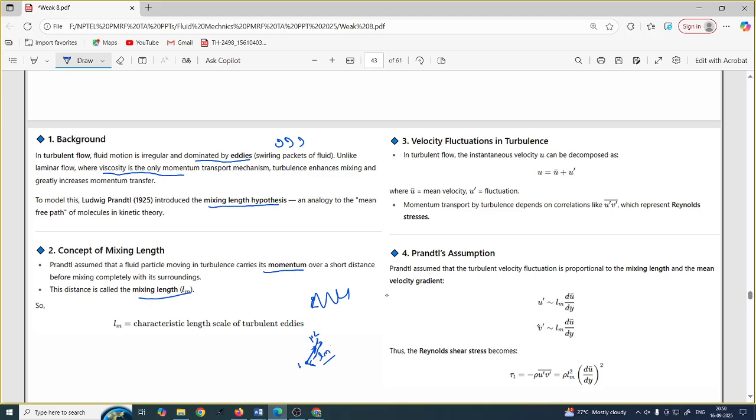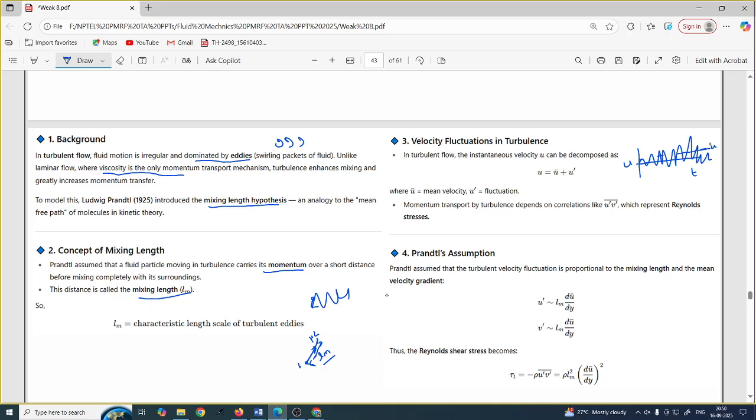So this distance will be known as the mixing length, and this is calculated as follows. As you know, turbulent flow is like that. If this is time and this is velocity, so turbulent flow is like that. This is the reference line I have considered. When we average, maybe the average line will be shifted towards the maximum fluctuations. So let us suppose here it is shifted.